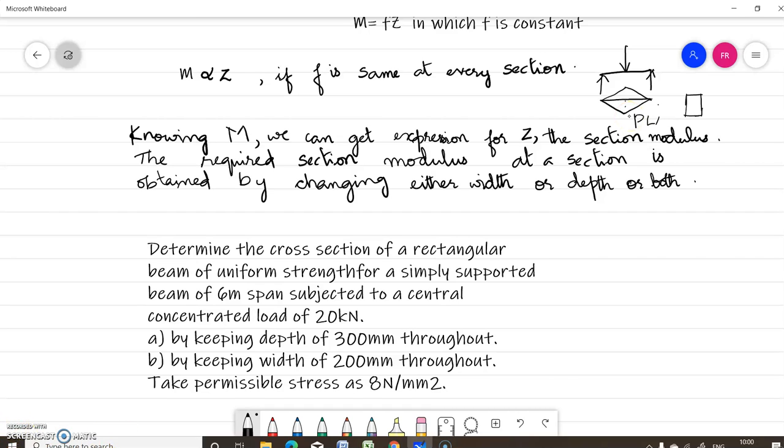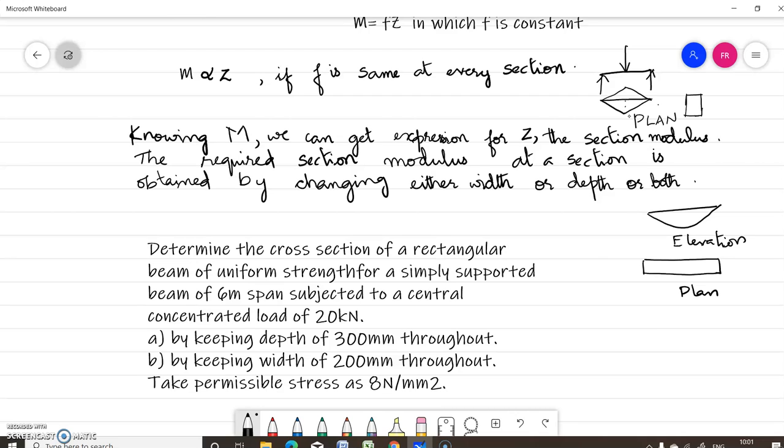So this is the plan of the beam. So another way is we can... this is the elevation, and this is the plan.